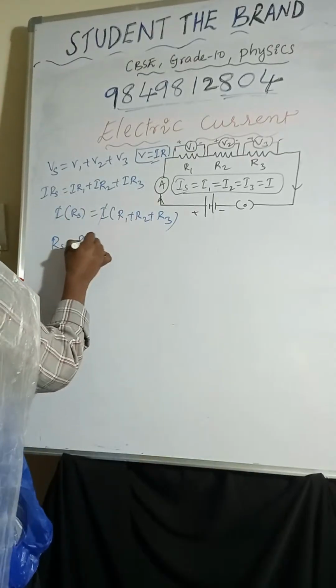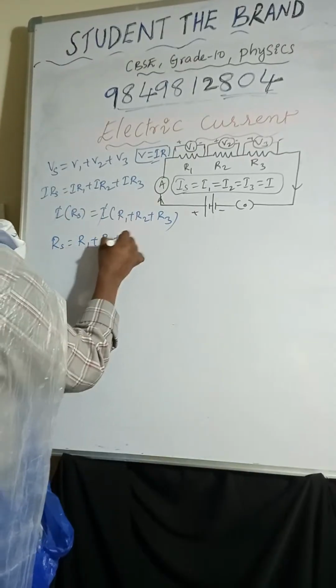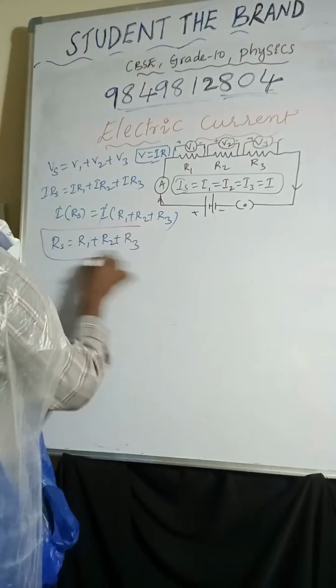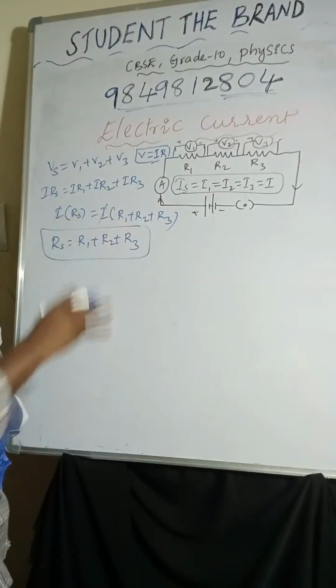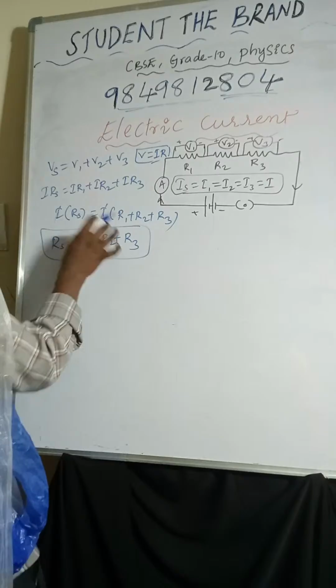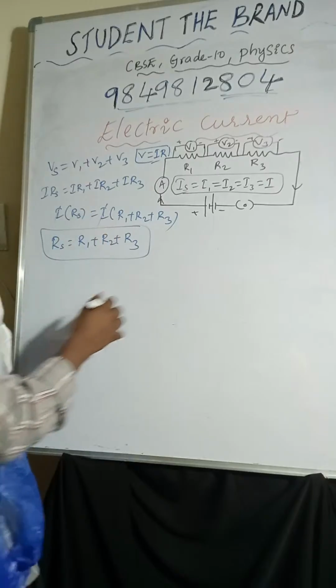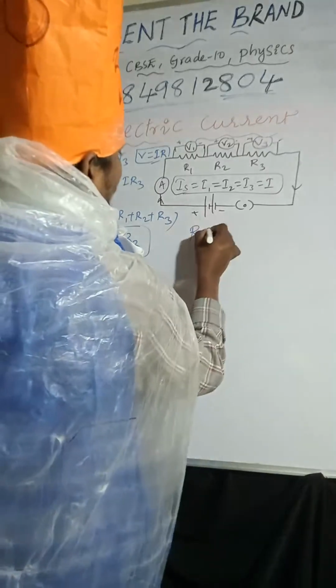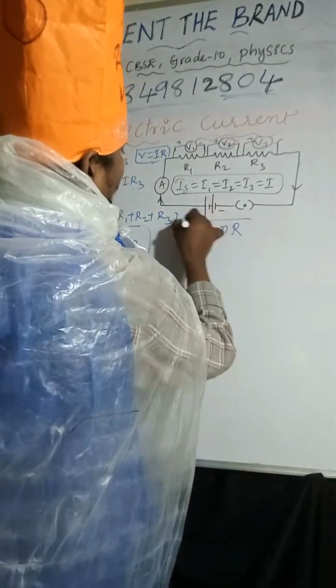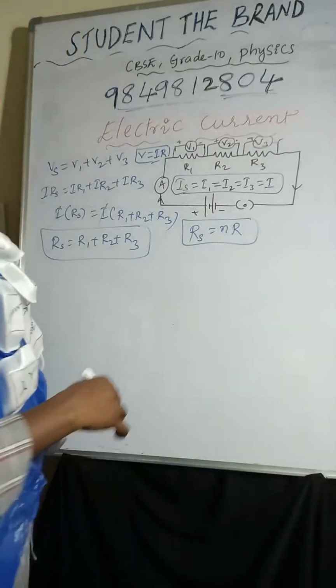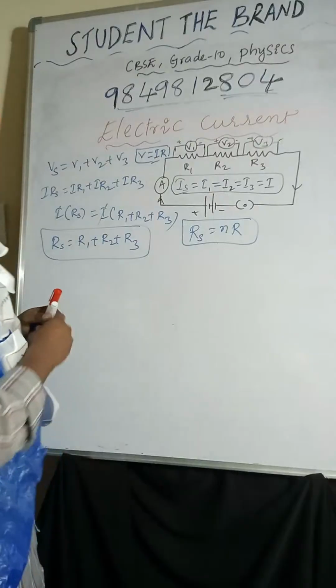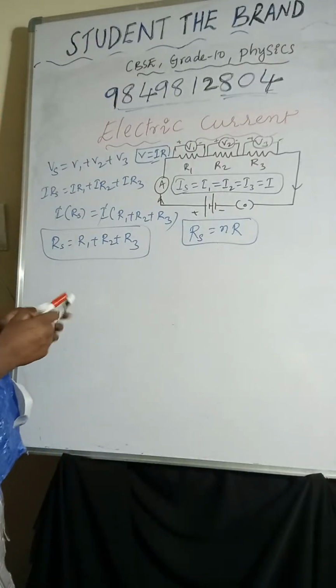Rs equals R1 plus R2 plus R3. So if resistors are connected in series combination, Rs equals R1 plus R2 plus R3. If n number of resistors are connected in series combination, Rs equals nR.